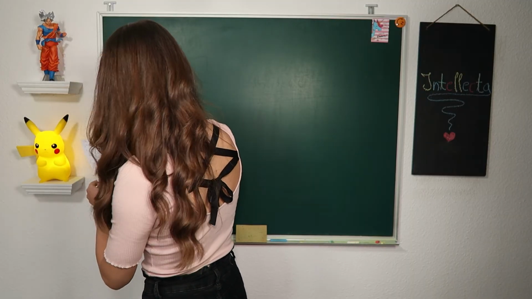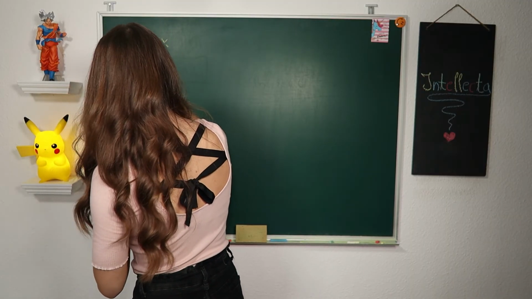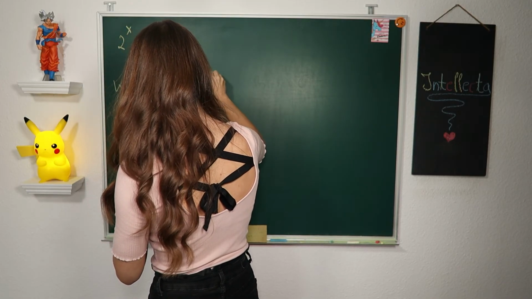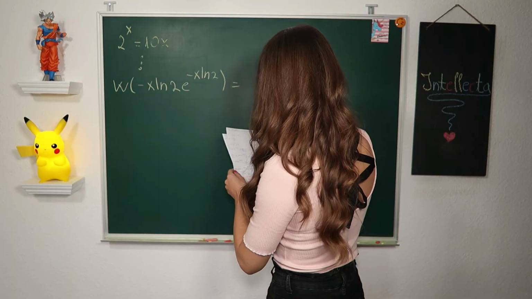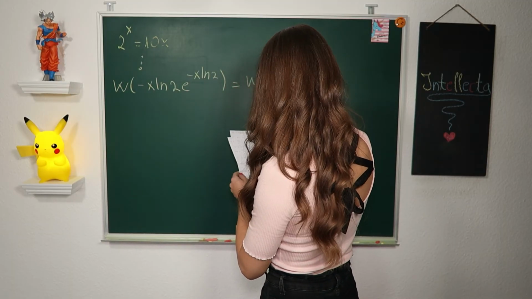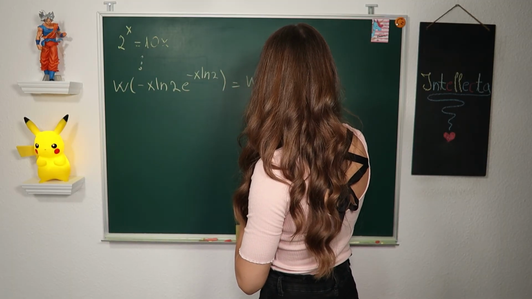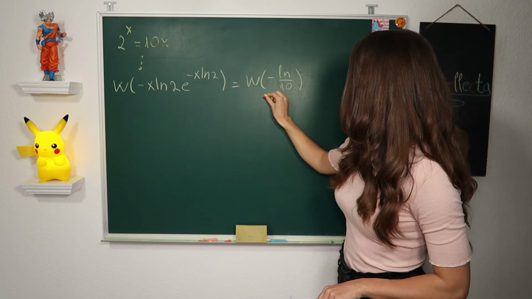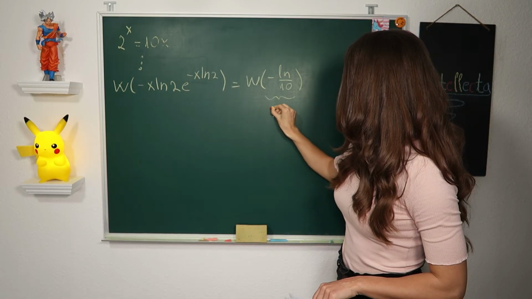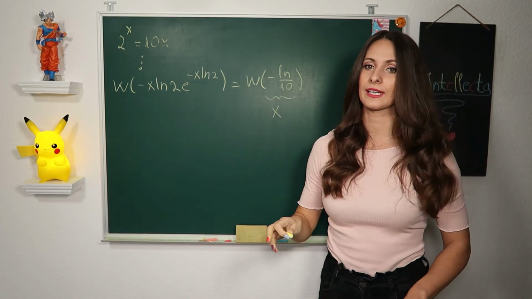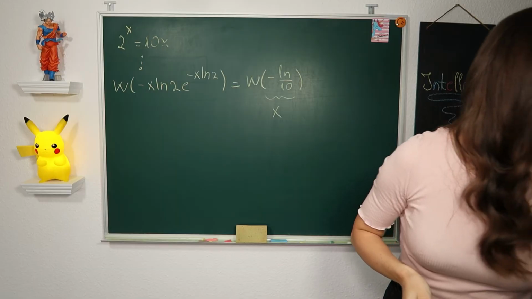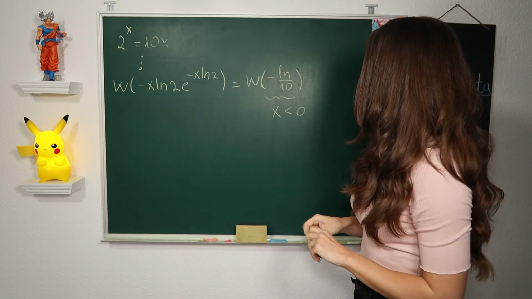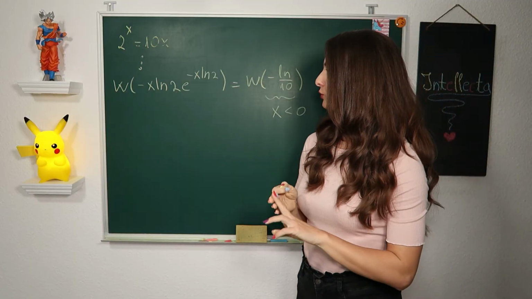So W of negative x ln 2 e to the negative x ln 2 is equal to W of negative ln 2 over 10. Now, as I already said, if this is greater than 0, you are going to get just one solution. If it's less than 0, you are going to get two solutions. In our case, it's less than 0. That's why we are going to have two solutions.